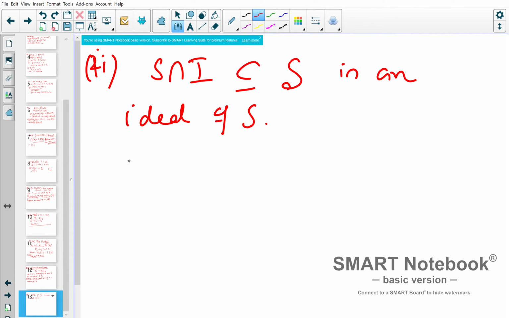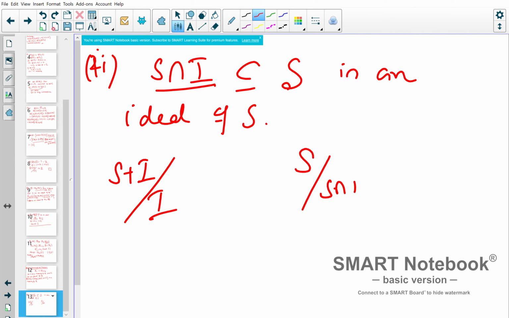So there are two things. One is that S plus I is a subring, and you know that I is an ideal of it, so you can talk about the quotient S plus I mod I on the one hand. On the other hand, because S intersection I is an ideal of S, you can talk about S mod S intersection I also. So there are two structures together, and the question is what is the relationship between these two structures?